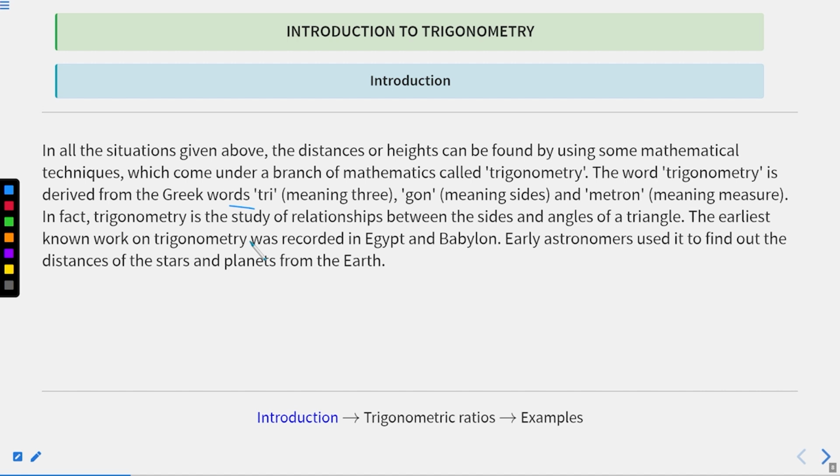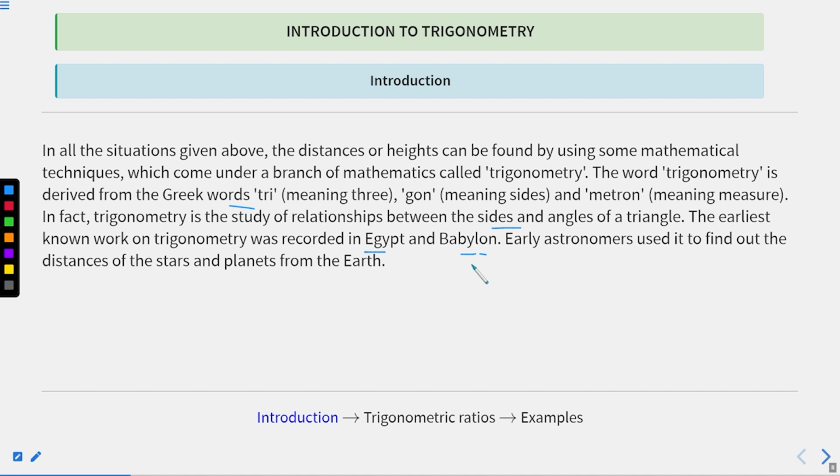In fact, trigonometry is the study of relationships between the sides and angles of a triangle. The earliest known work on trigonometry was recorded in Egypt and Babylon. Early astronomers used it to find out the distances of the stars and planets from the earth.